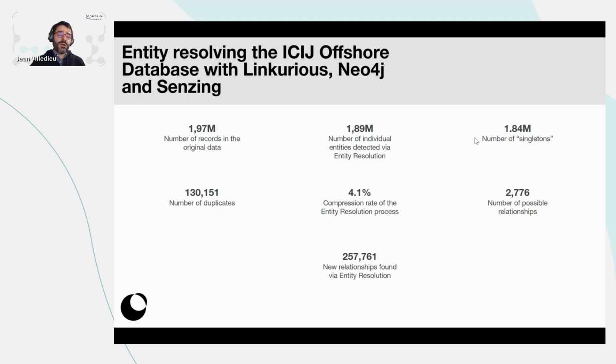And then we have 130,000 duplicates, so entities that are connected to multiple records, at least two records. And the compression rate in the data is 4.1%. It means that if you were to take a sample of 100 records, you would have 96 real-world entities with some duplicates, I guess. So that's it for an overview of the data.